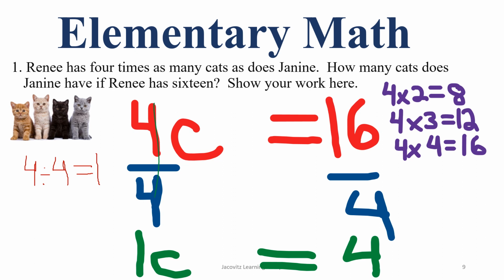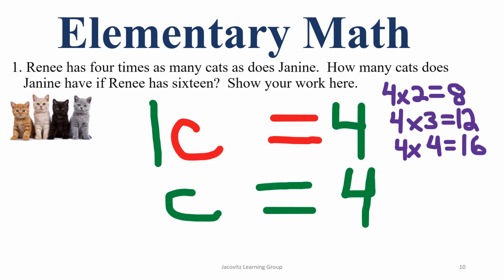I'm putting it here. Do I need it? No, because 1 times C, and by the way, these dots are what the high school kids sometimes use, it means multiply, equals C. So when we go to the next slide, we'll see what that looks like. That's just normal C. So your variable is 4, and your answer is Janine has 4. Doesn't matter if you use C or J, Janine has 4.